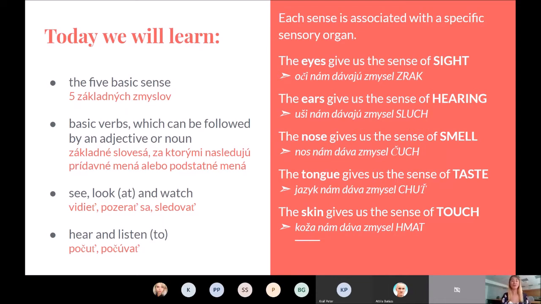We use the nose to detect smell. Then we have the tongue to give us the sense of taste. And lastly, we have skin to give us the sense of touch. So 5 basic senses: sight, hearing, smell, taste, and touch.